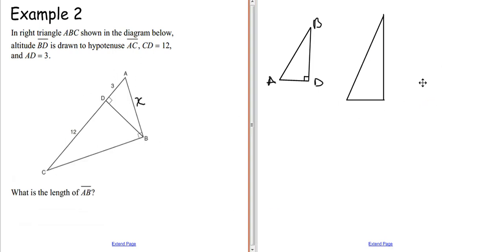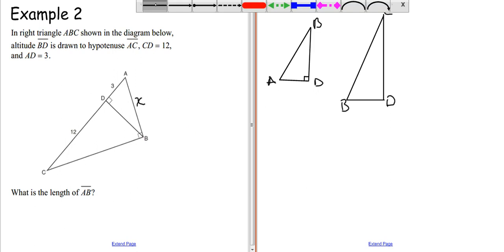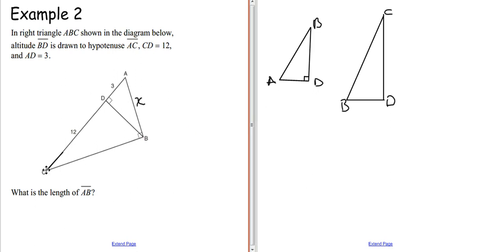All right, so I went ahead and I fixed it up. So this is going to be D, and this is going to be B, and this is going to be C. Now you also have the big triangle right over here.